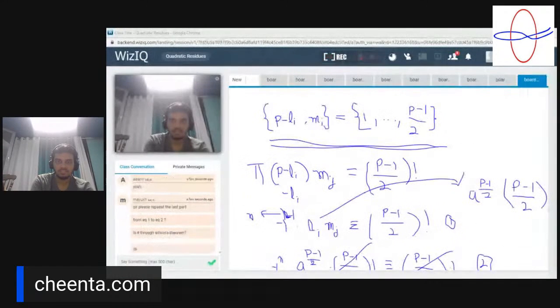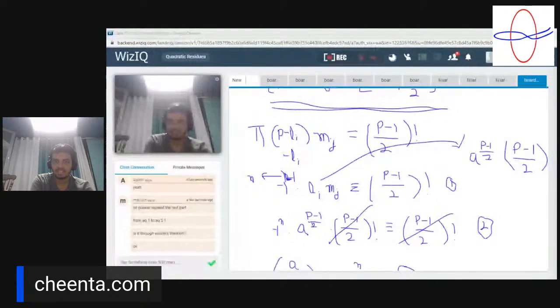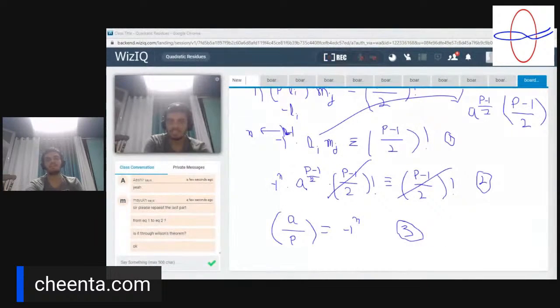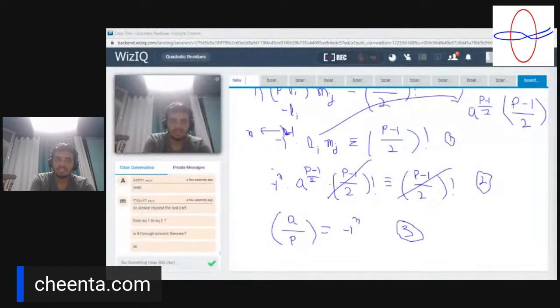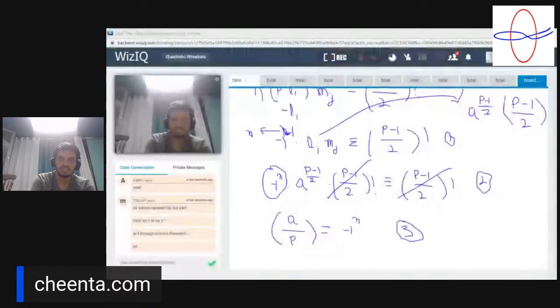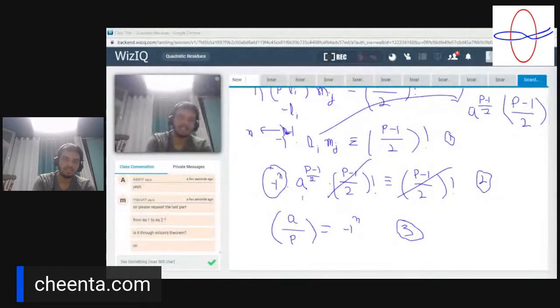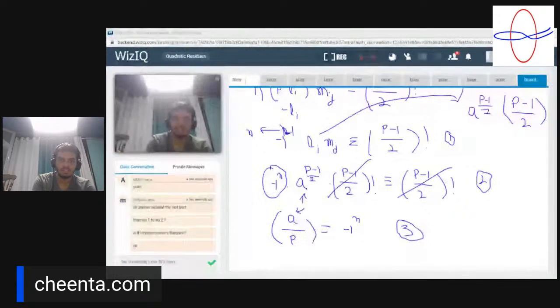So we can substitute that here, and then these two p minus 1 by 2 factorials can be cancelled out to get minus 1 raised to n into a raised to p minus 1 by 2 congruent to 1, which means this value can take either plus 1 or minus 1 only. So when this is plus 1, this is also plus 1. When this is minus 1, this is also minus 1. And since this value is equal to this value by Euler's criterion, hence this also has to be equal to this.